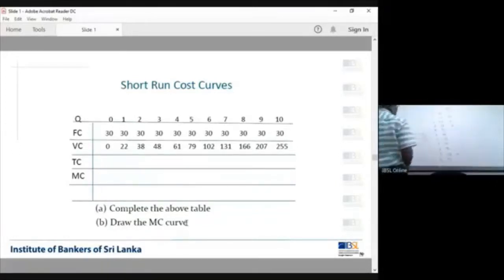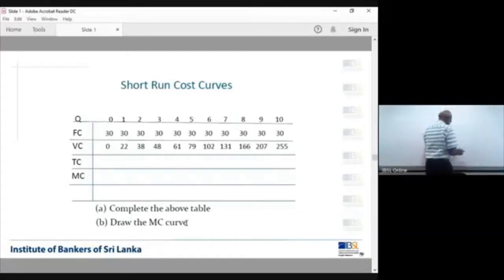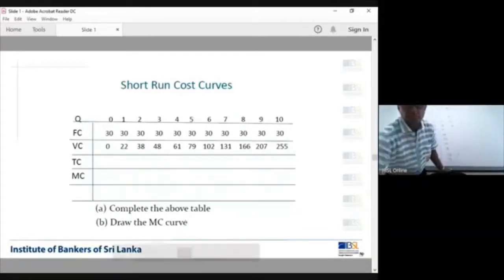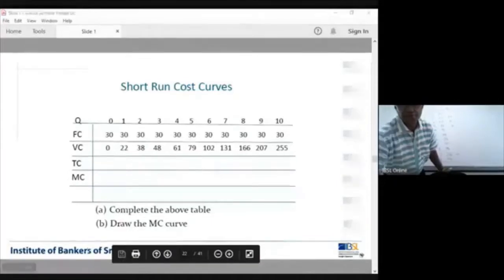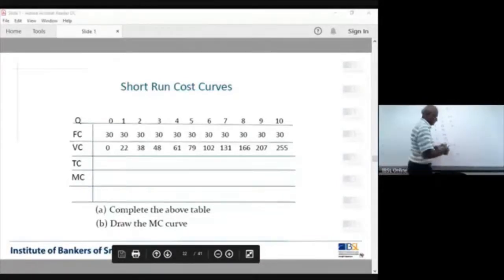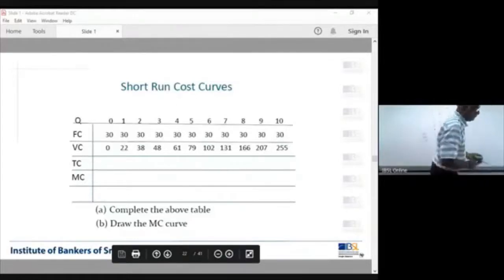The marginal cost curve is generally U-shaped. Generally it is U-shaped. Along the output axis, marginal cost decreases and then increases.